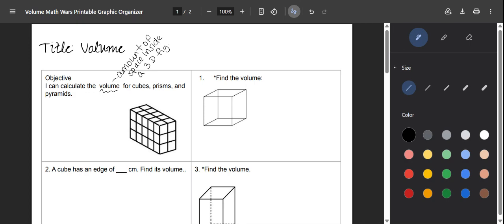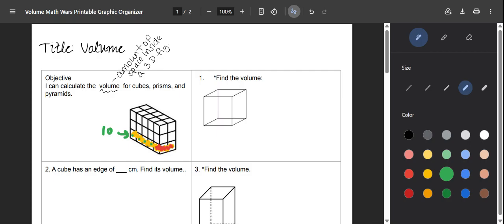So one way we can think of that is by taking the first layer here, and you can see I've got two boxes here, and then of this set of two, it goes back, so 2, 4, 6, 8, 10, this layer is 10 blocks.